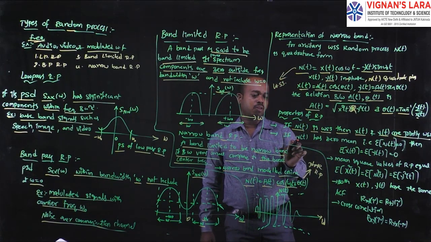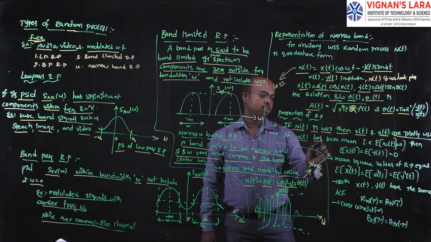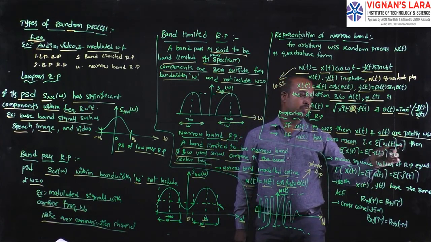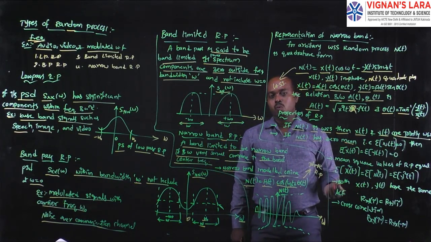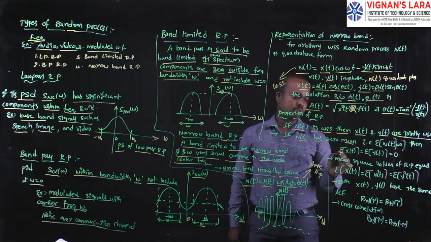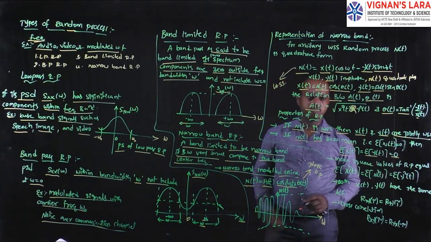And if n of t has zero mean, that is expectation of n of t is equal to 0, then the expectation values of x of t and y of t are also 0.